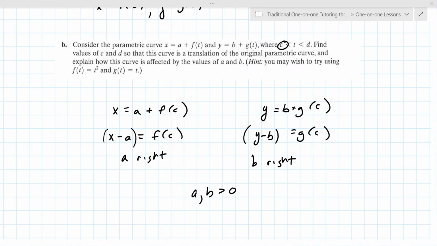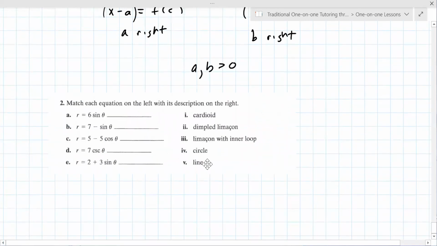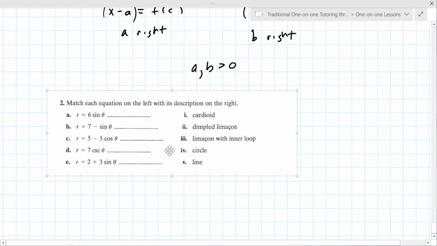These you have to graph. Okay, and there's no way. Okay, there is, I take that back. Your textbook probably has, if it's of this form, like if it's a number sine theta, it's always a circle. If it's a number over sine theta, a number cosecant theta, it's always a line.